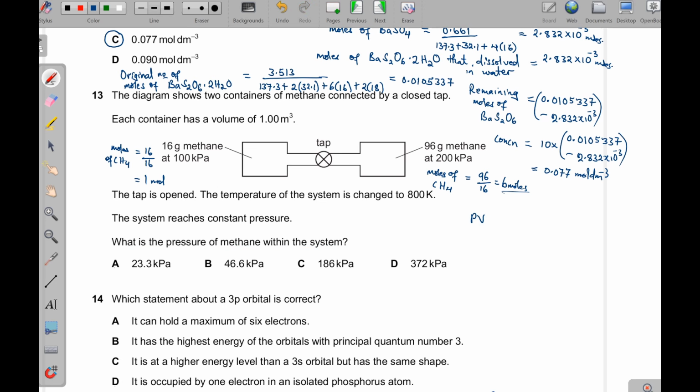We know that PV is equal to nRT. Okay, we want to get pressure, so nRT, then out of V. Now, in here, pressure is in pascals or newtons per meter squared.